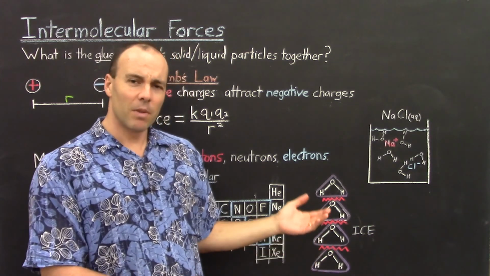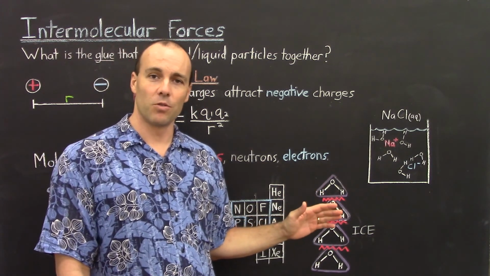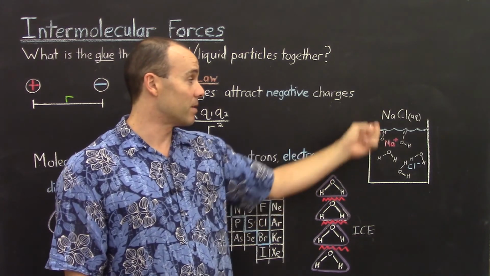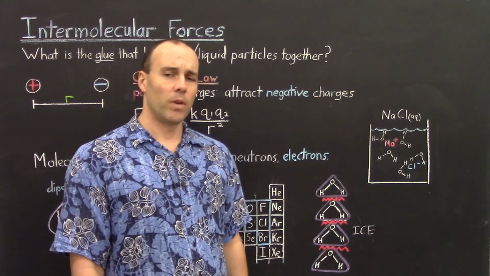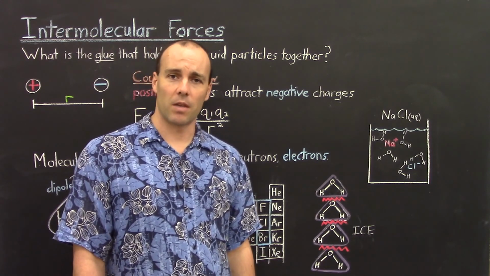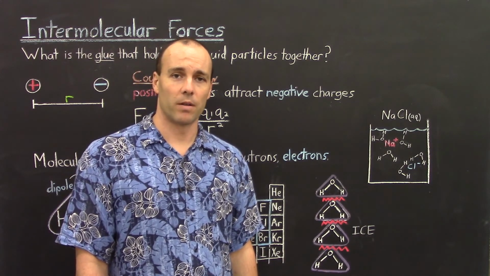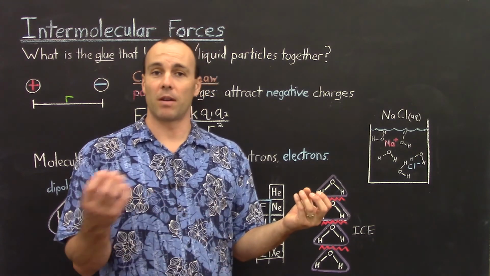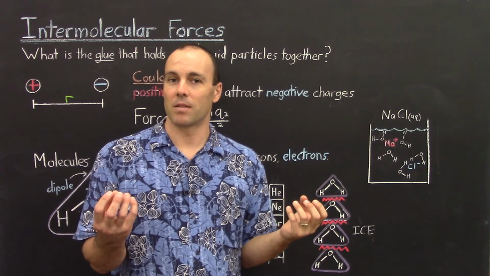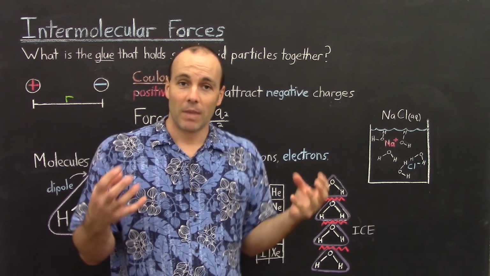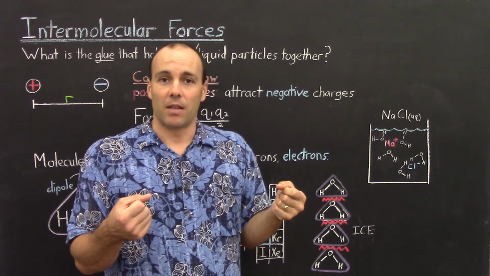Now, a similar situation occurs in solutions of ionic compounds. If you have a solution of sodium chloride, now we know sodium chloride dissociates when it dissolves in water. The cations become separated from the anions. Well, the reason that happens is because of water being attracted to cations and anions.